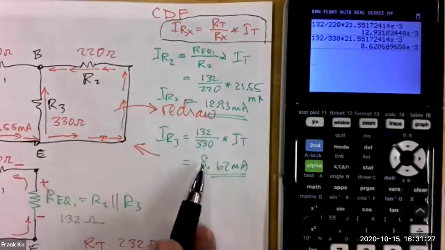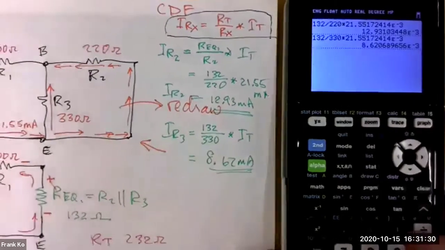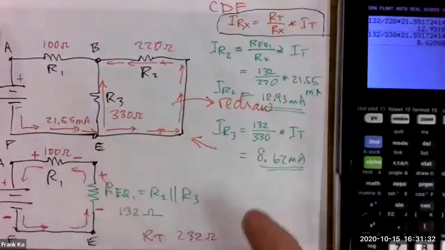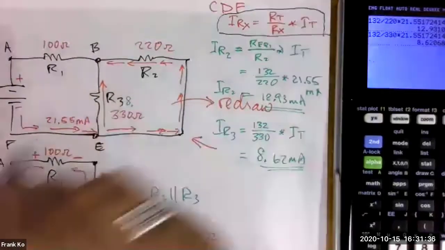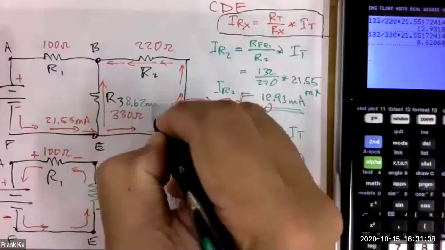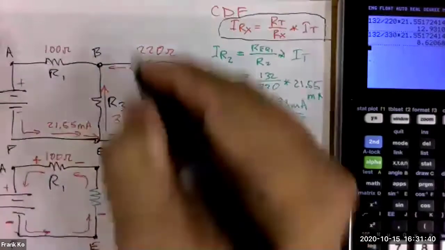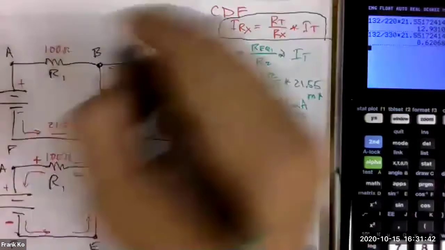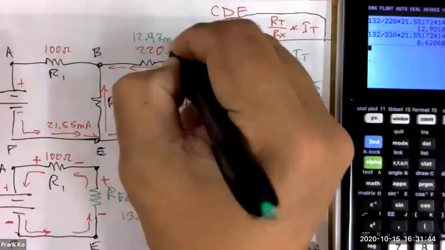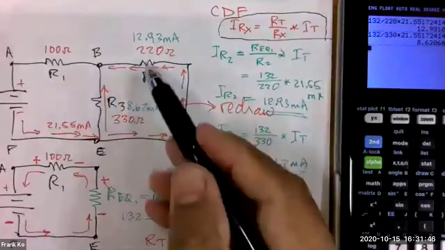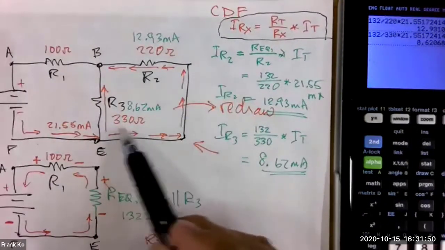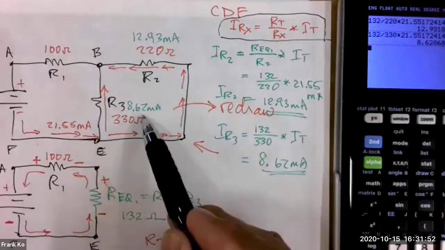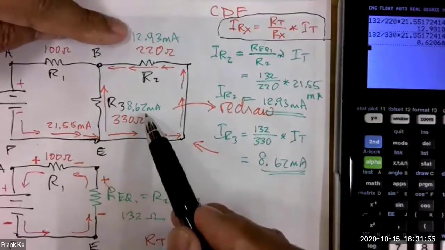So now do I have the two branch currents? And as I analyze this, do these currents make sense? Just because you've got numbers, let's see if they make sense. IR3 was 8.62 milliamps. IR2 was 12.93 milliamps. Which branch has more ohms? R3 has more ohms. Should it have the lower current of these two currents?